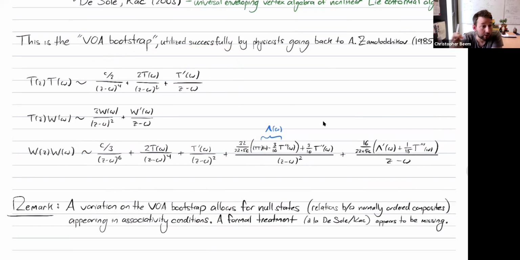So that means that the mode algebra of the stress tensor and of W doesn't close to form a Lie algebra, because in the commutators of the W modes, you're going to get products of L modes. So you automatically live in some sort of bigger universal enveloping algebra. That's what makes everything feel a little bit difficult if you don't approach it in the right way.